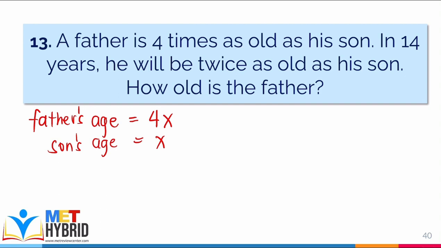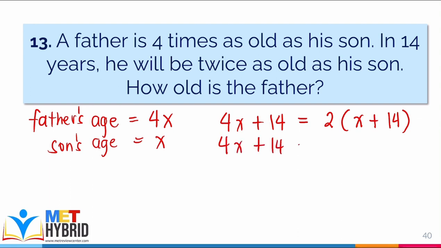Now we translate the next statement. In 14 years, meaning we add 14, 4x plus 14, he will be equals twice as old as his son. His son's age then will be x plus 14.